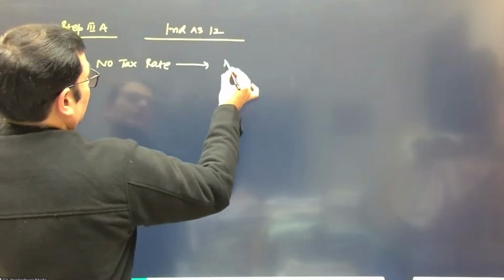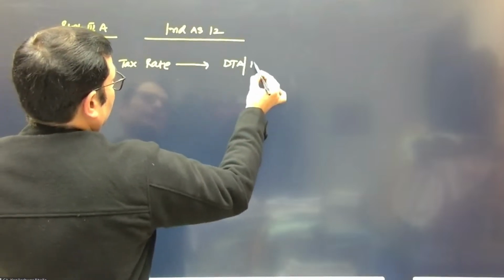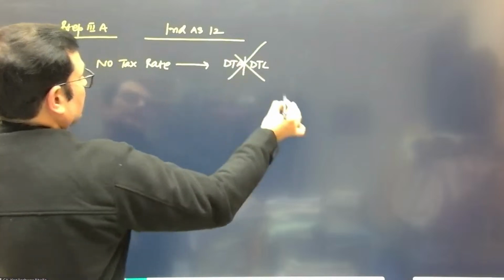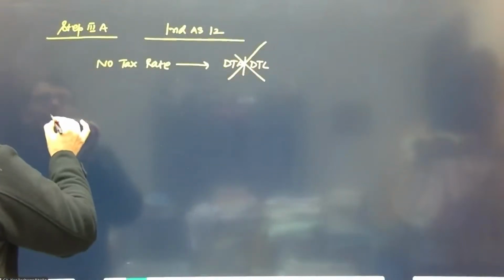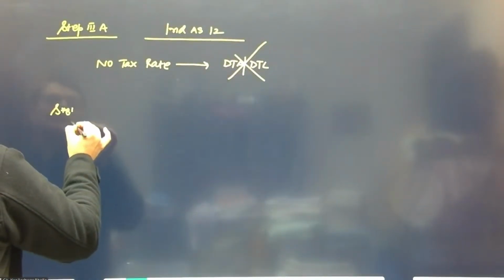Since there is no tax rate, there is going to be no DTA or no deferred tax liability, which needs to be identified at this stage. Go step by step.